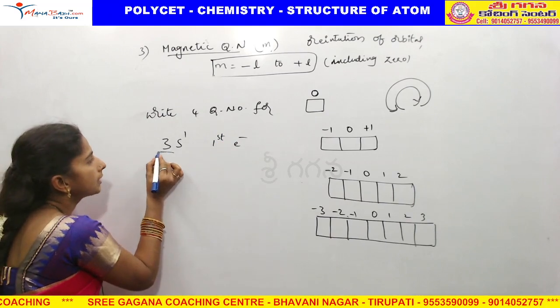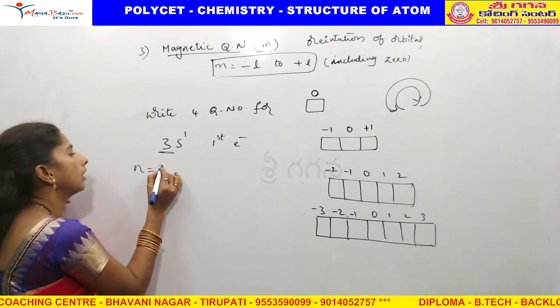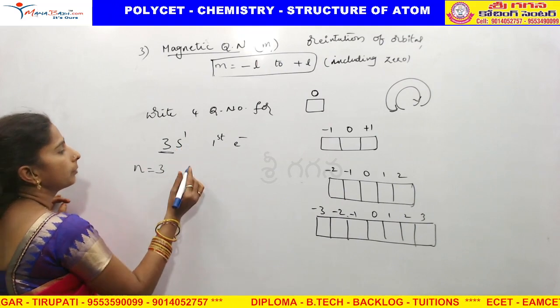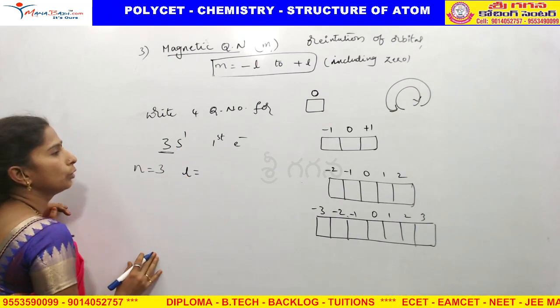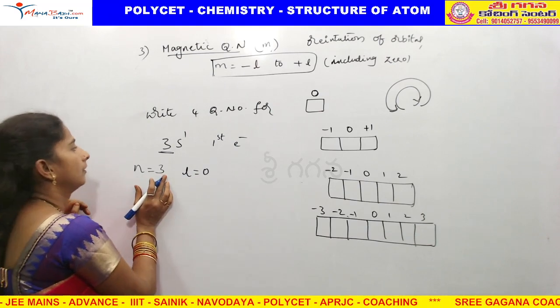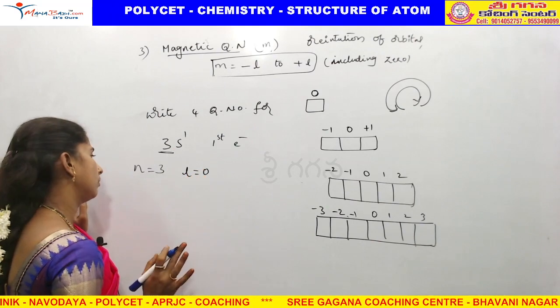Here, what is the number? That is the n value, the principal quantum number, n equals 3. And this is an s orbital. For an s orbital, you know the L value is 0.